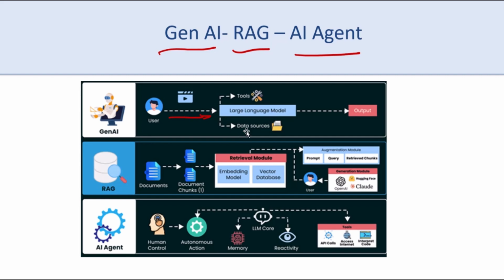With RAG, you first break down your large documents into smaller chunks. These chunks are then converted into numerical representations called embeddings, and stored in a vector database. This is called vectorization. When you ask a question, the system first searches the vector database for the most relevant chunks of information.